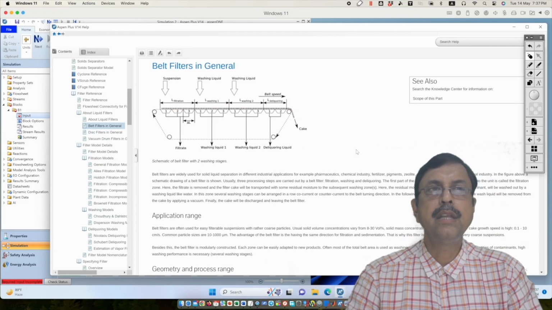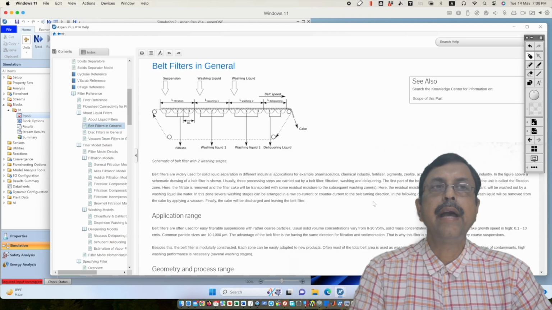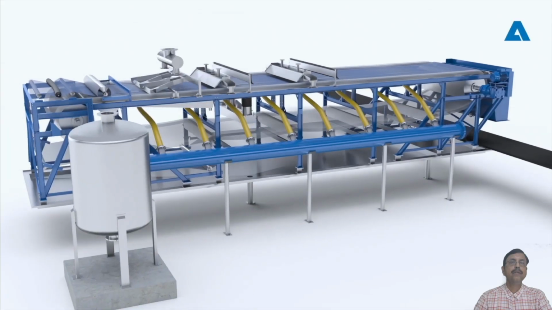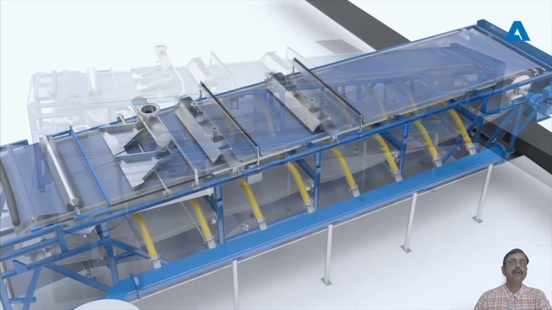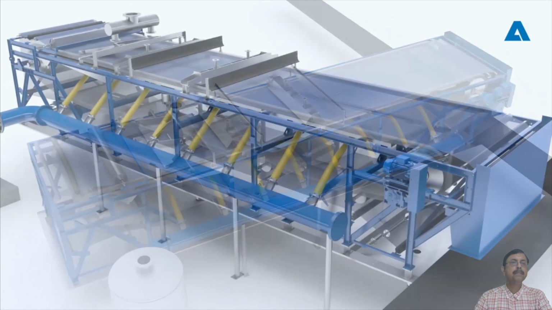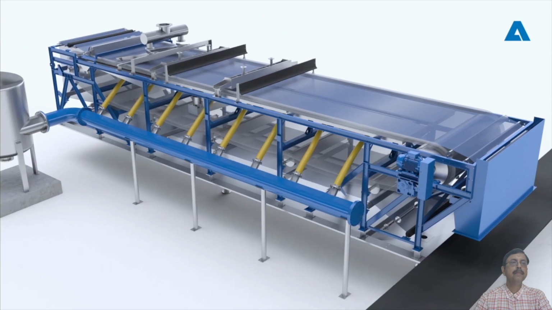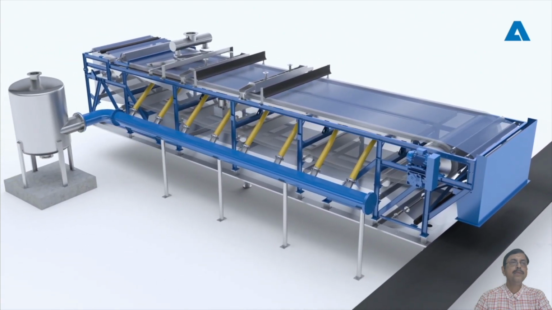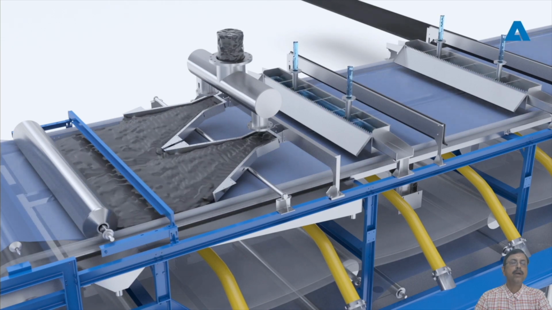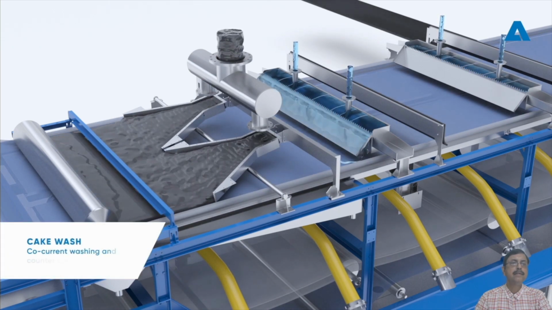Now, many of you might not have seen belt filters in the undergraduate lab. So I have an animation video of belt filters. So let us watch that animation video and learn better how it works. So this is also an Enrich company belt filter. So you can see how the slurry is fed onto the belt.